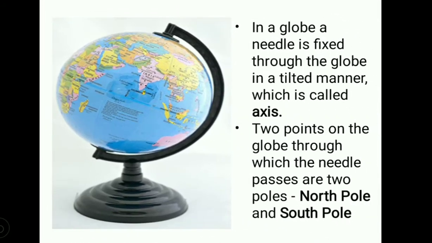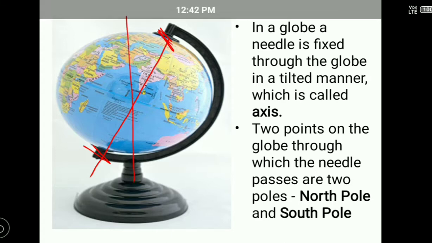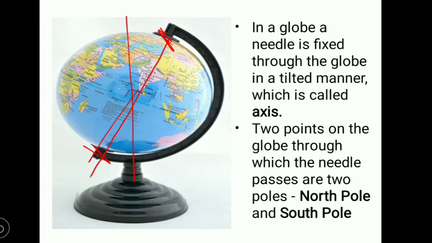And in a globe, a needle is fixed through the globe in a tilted manner, which is called the axis. So this is the globe, and from the north pole to the south pole we have fixed one needle. It is not a straight line, it is in a tilted manner. Tilted means slanting. And the globe rotates on its axis.